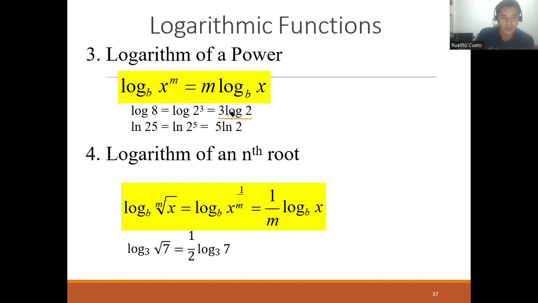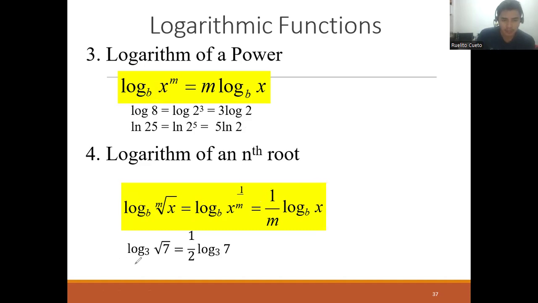Now, if you have logarithm of an nth root, log of the square root of x, or the mth root of x to the base b, that is equal to log of x raised to 1 over m to the base b, which is also equal to log of x to the base b times 1 over m.